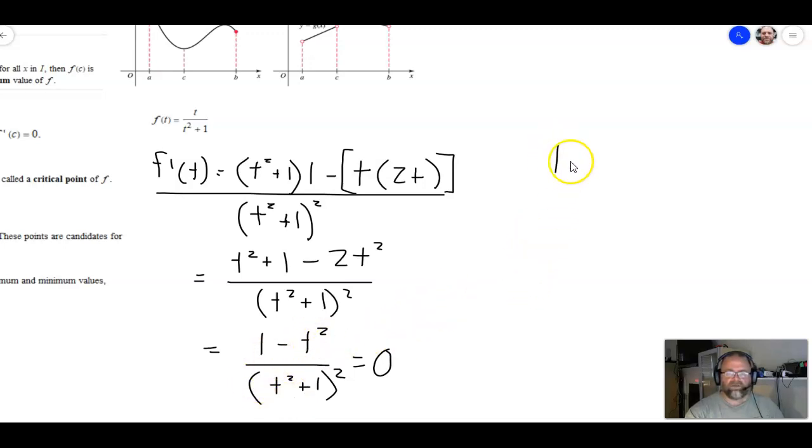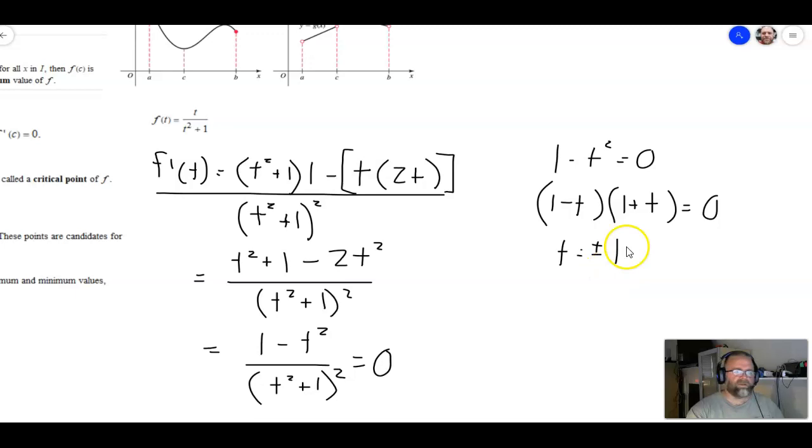So if I do 1 minus t squared is equal to 0, and we factor this as 1 minus t, 1 plus t is equal to 0, we notice that t can either be positive or negative 1. So those are our two critical values for this one. If you put this back in, 1 minus positive 1 squared is 0, and 1 minus negative 1 squared is also 0. So our critical values are positive 1 and negative 1 for this function.